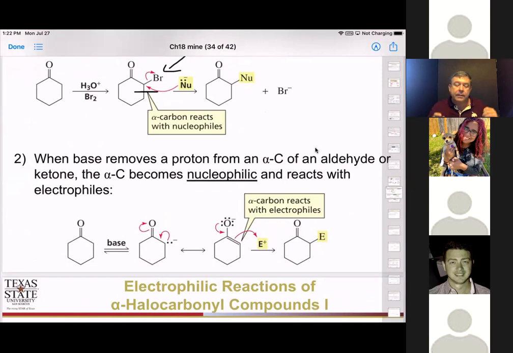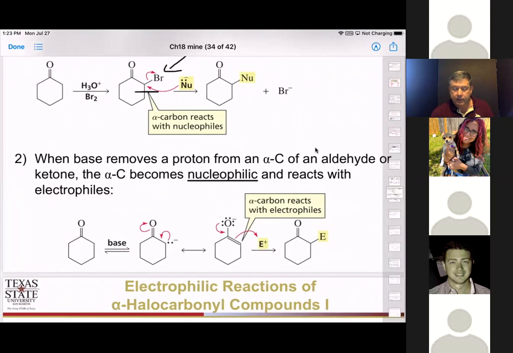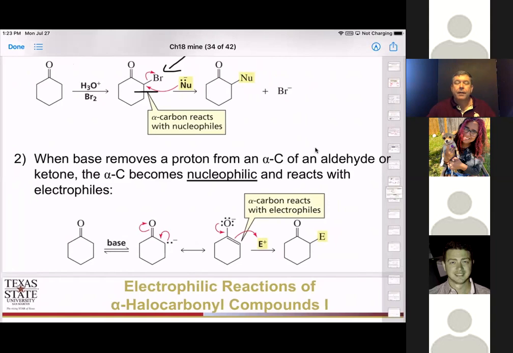And this can also be done with just creating the enolate. Using a base to pull that proton off will generate your enolate. I'm sorry, if you do it the opposite direction, you now form the nucleophile.